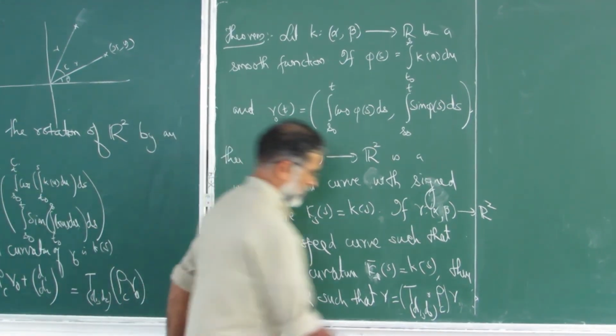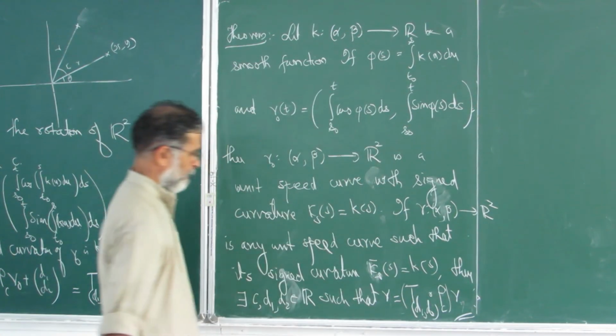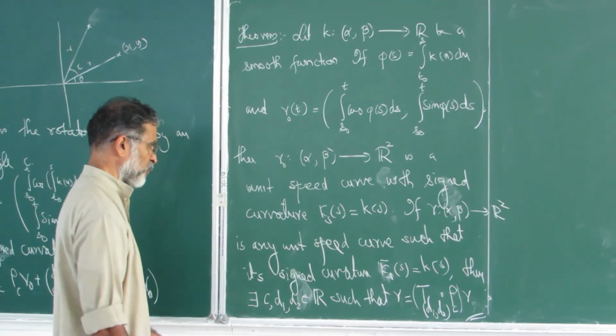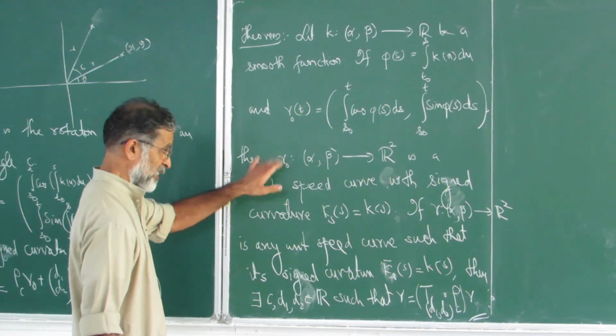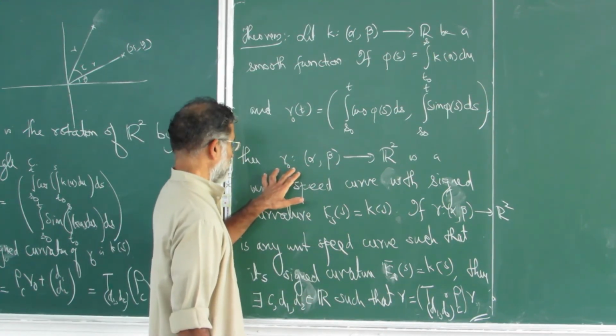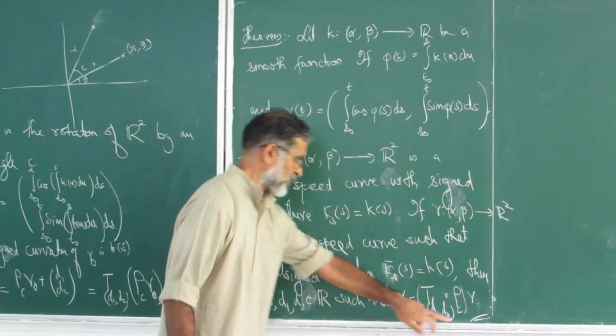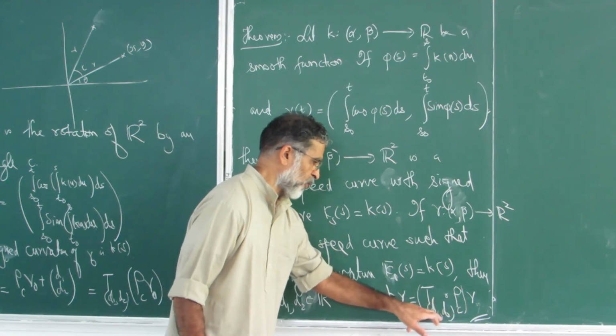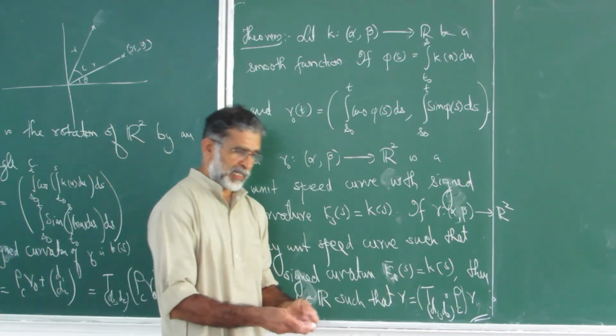That's what we have proved. So they are unique only up to that. There exist plenty, but they are all going to be nothing but gamma naught first, followed by a rotation, followed by a translation.